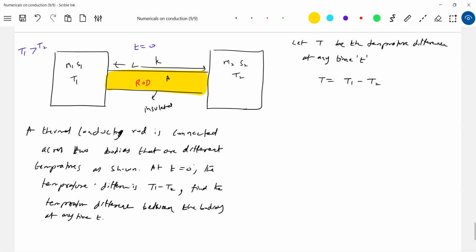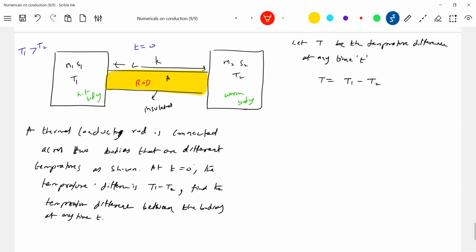With time, there's a cold body and a warm body. Now from where to where will the heat flow? From the cold to the warm body. So tell me, will temperature T1 increase or decrease? It will decrease, no? Temperature T2 of this will increase because it gains heat.